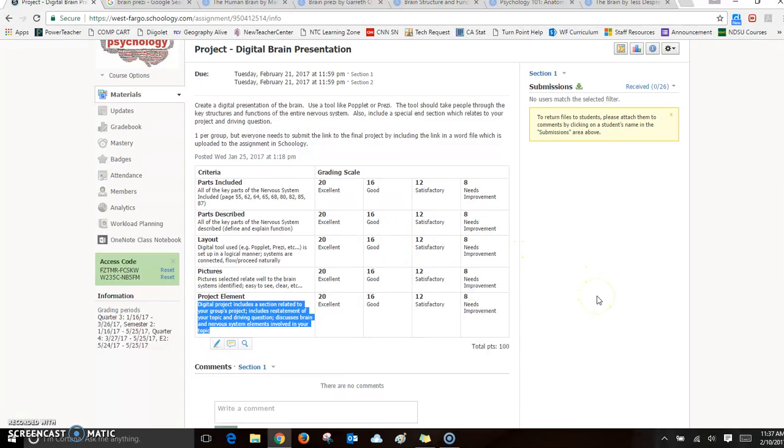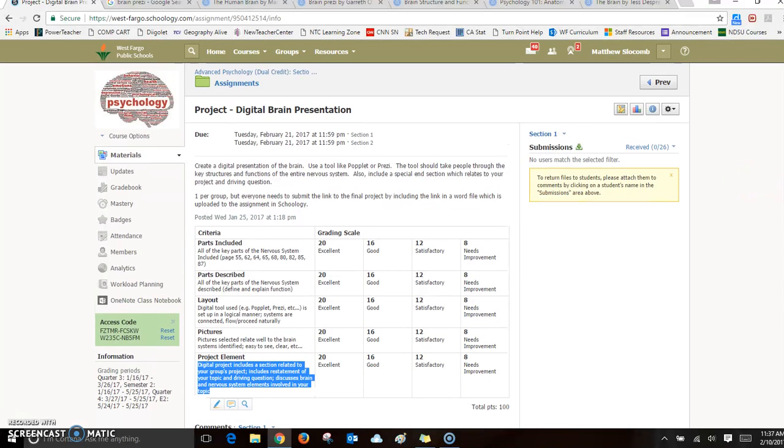Now remember, you should have a Noodle tool set up where you're saving your sources. That's going to help you later when we do the final presentation, so be including that stuff so that you have it for later.